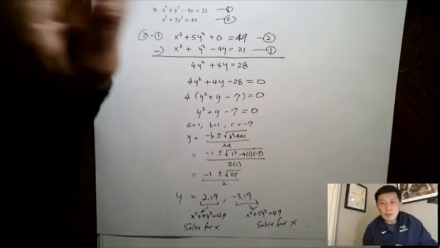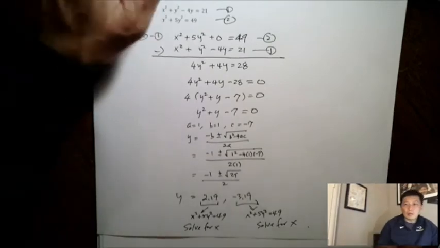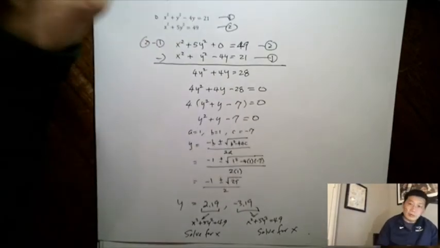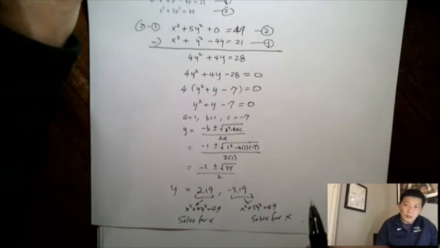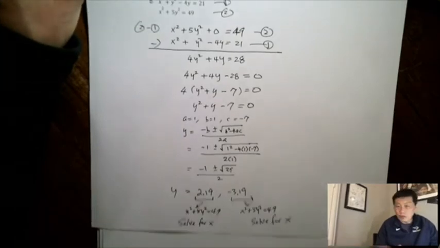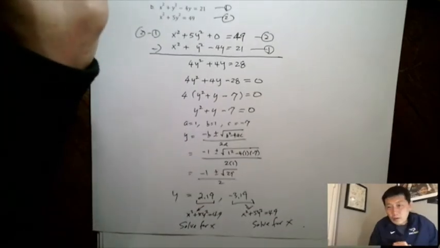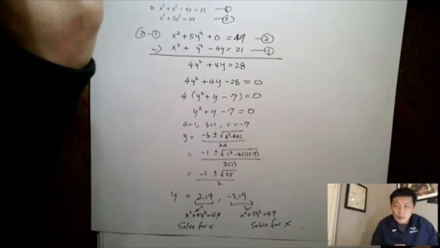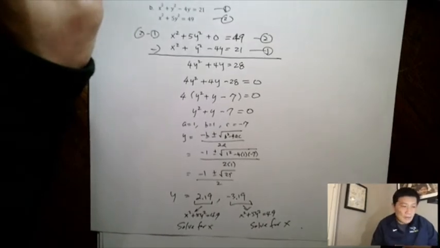I'm not going to belabor this point too much. You have the calculator, you can put it back in there, do the algebra necessary, and come up with the x value. Then you will have the corresponding coordinates for x and y. Okay? All right, next.